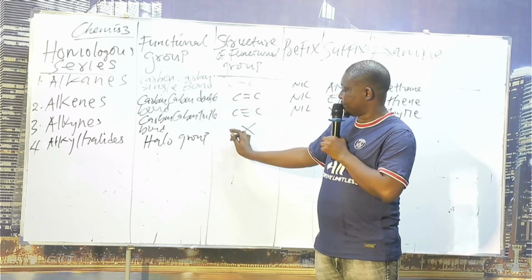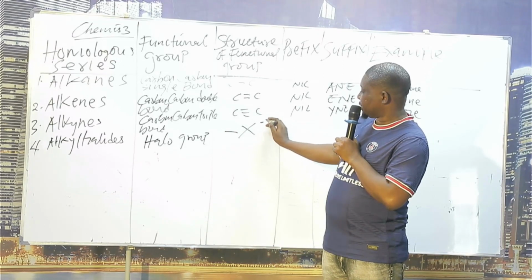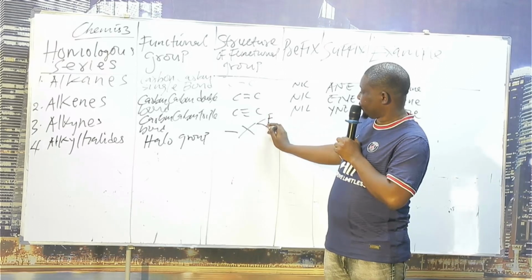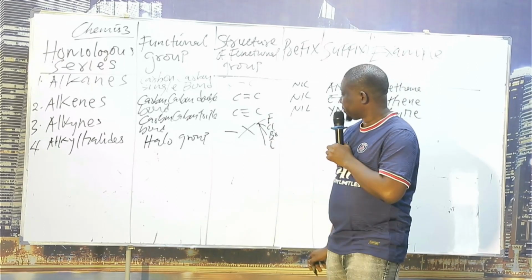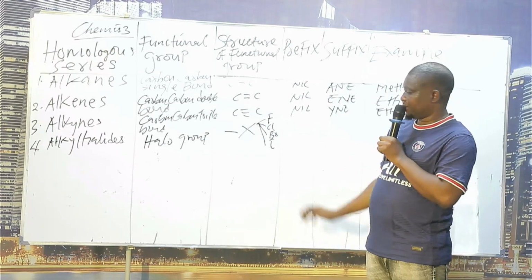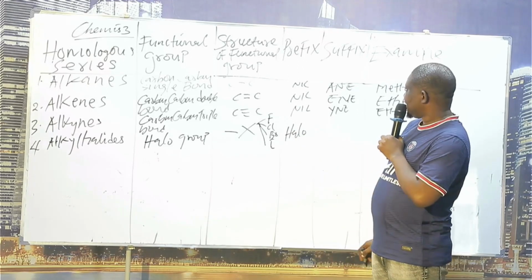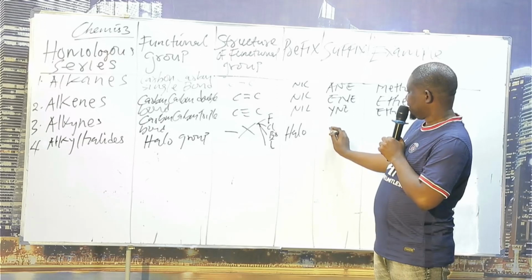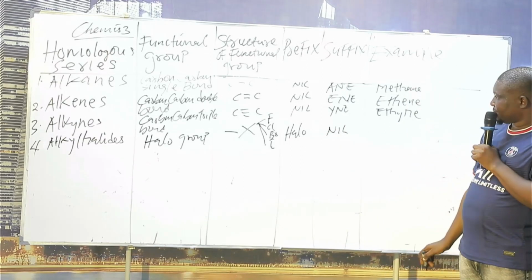X. I think I told you what X can be. X can be F, Cl, Br, and I. What is the prefix? Halo. Any suffix? Nil.